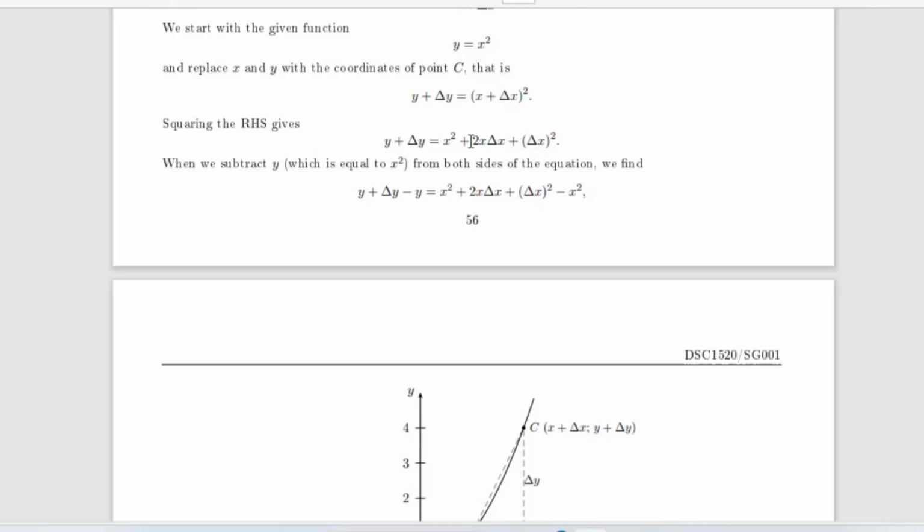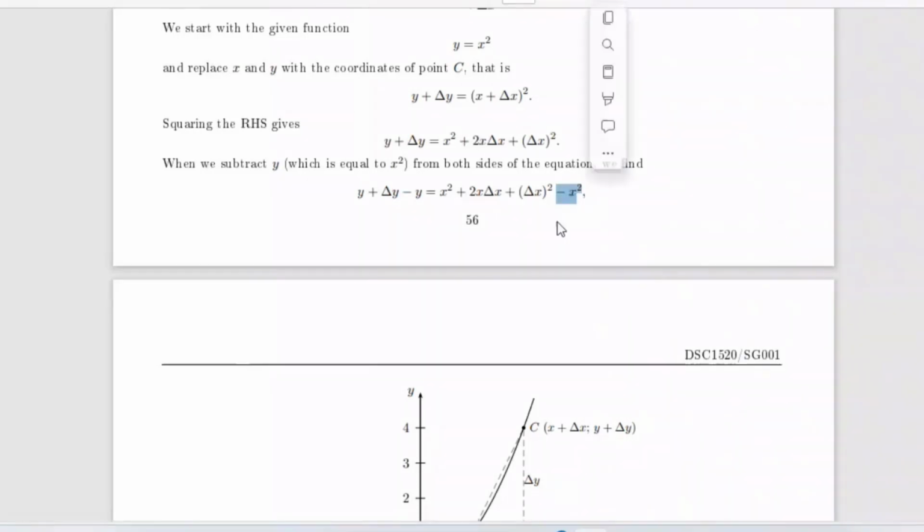Yes, we end up having this. When we subtract y, which is equal to x squared, from both sides of the equation, this part remains. They are subtracting this y. Where is this coming from?